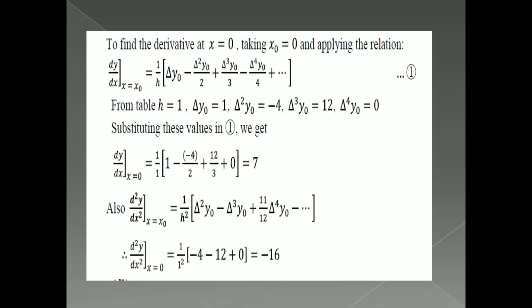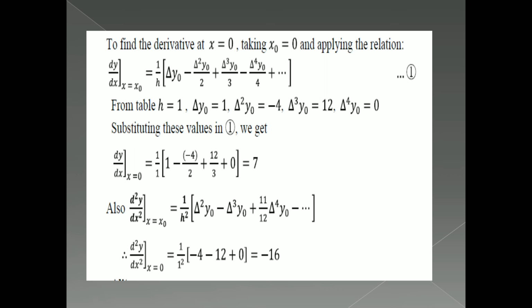The value is 7. Similarly, we can substitute the required values for the second order derivative of y with respect to x by using Newton's forward interpolation formula. It is given by d2y by dx square at x is equal to x0 is equal to 1 upon h square, delta square of y0 minus delta cube of y0 plus 11 upon 12 delta raised to 4 of y0 minus and so on.